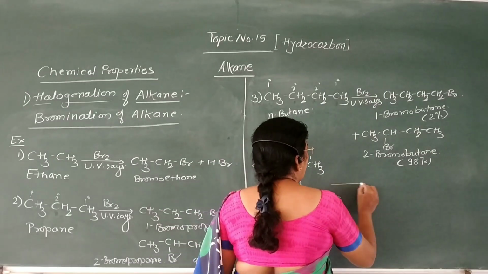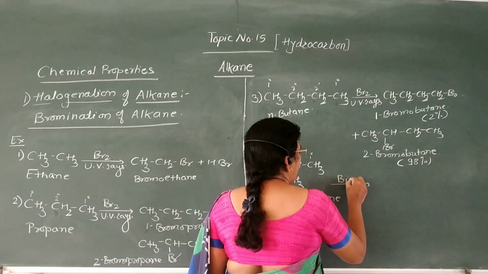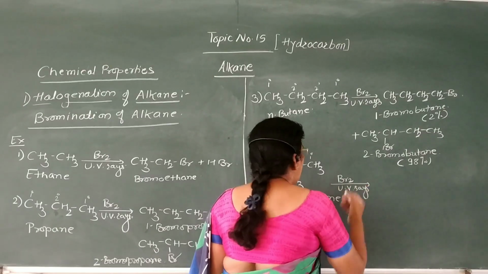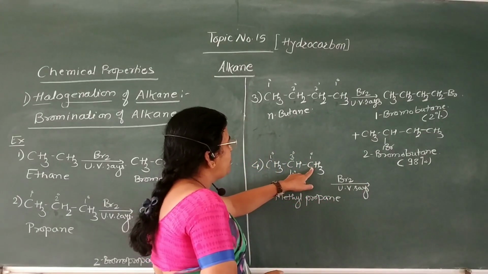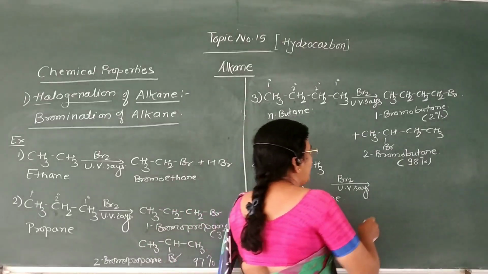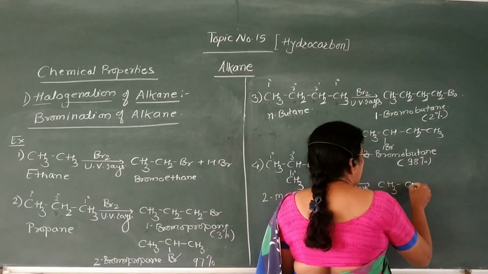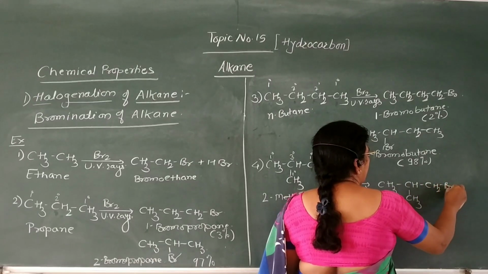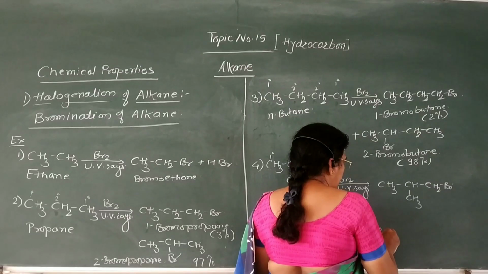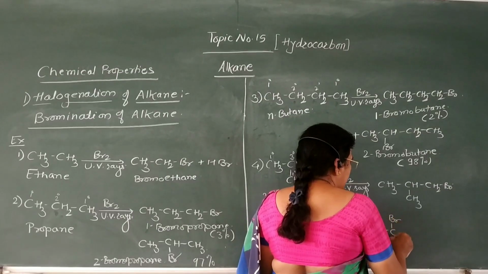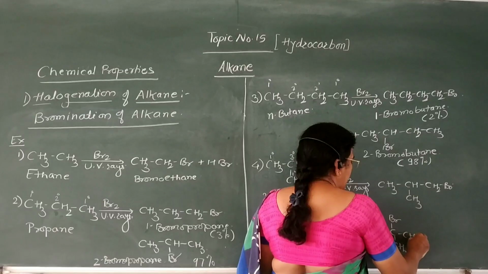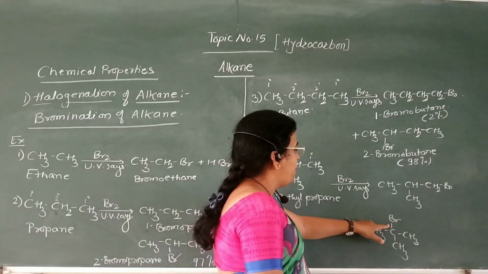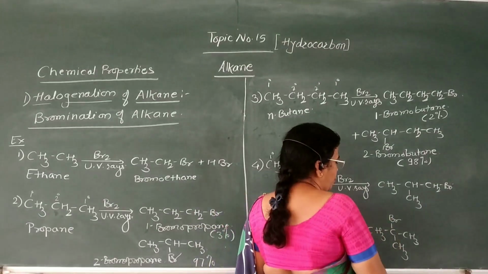Now when this compound undergoes bromination in presence of Br2 molecule and ultraviolet rays, then if the hydrogen atom from a primary carbon atom is removed, you will get CH3CH(CH3)CH2Br, and the second product is CH3CBr(CH3)CH3, that is, the hydrogen atom from the tertiary carbon atom is replaced by bromine. Now here a mixture of these two products is formed.